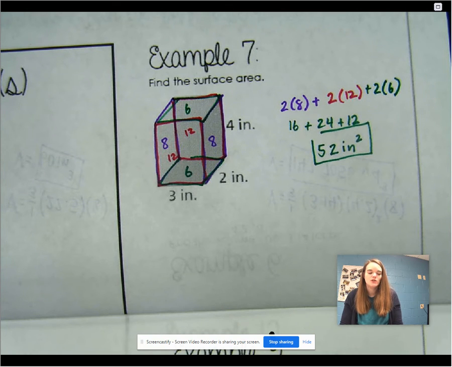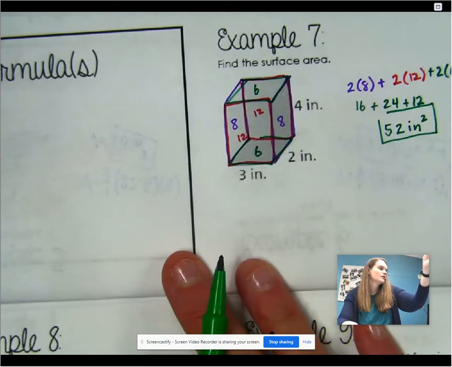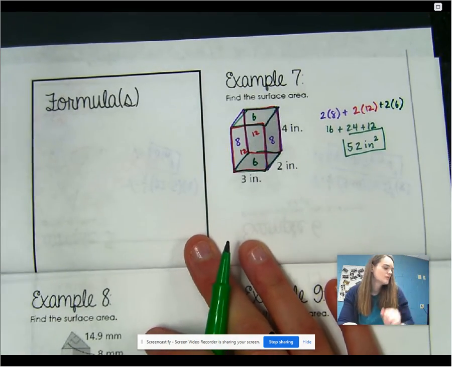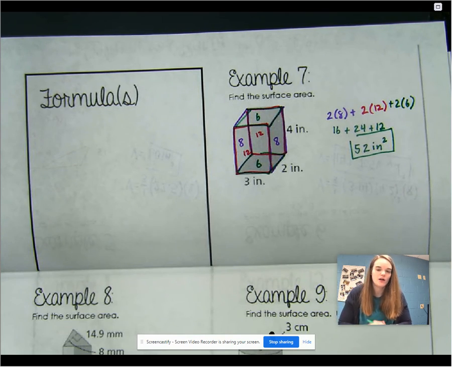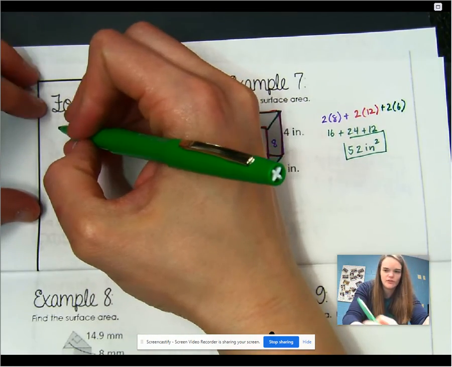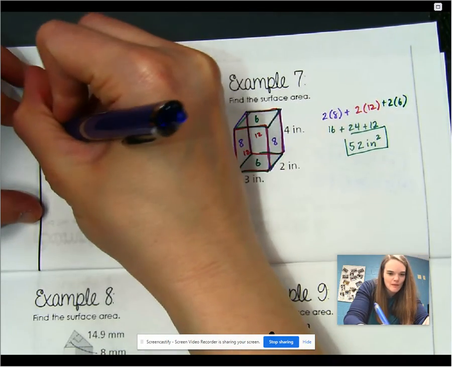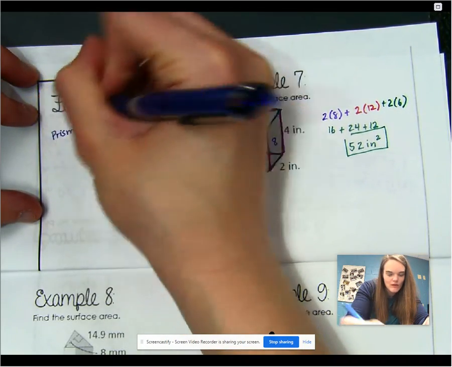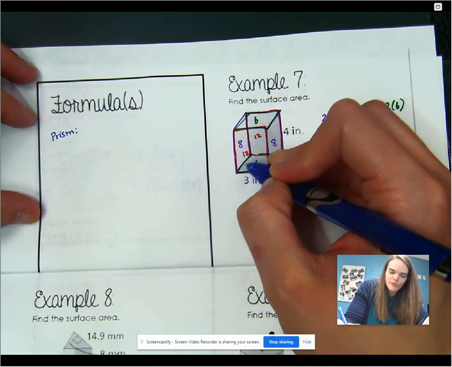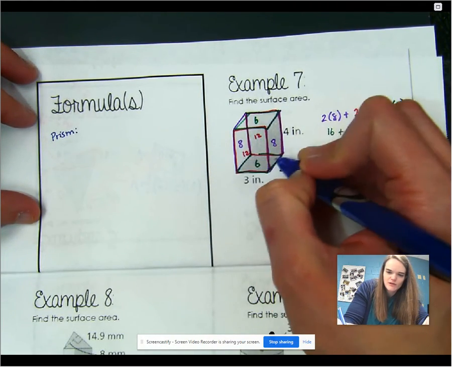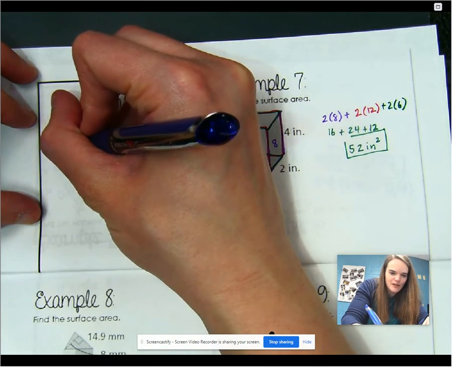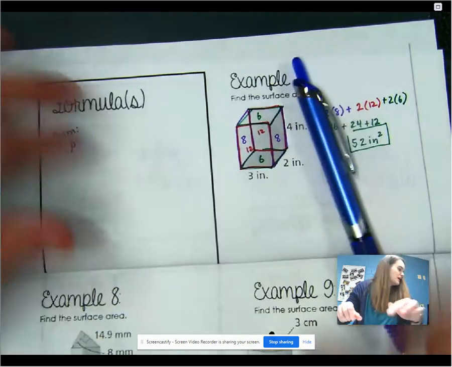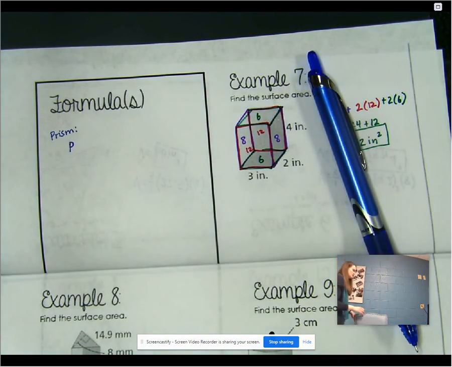All right, like I said, I am going to tell you what the formula is, though, just because you need to know, hey, there is a formula. Here's the formula. The formula for surface area of a prism is actually the perimeter of the base, which is denoted by P. Let me go get my thing so I make sure I'm writing exactly how your quiz will have it.